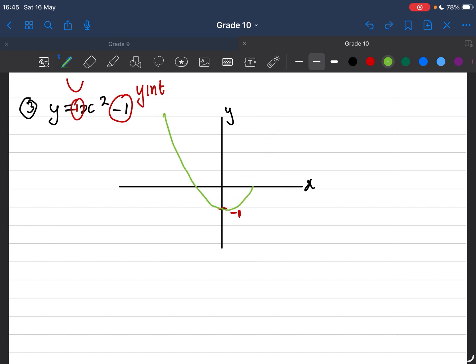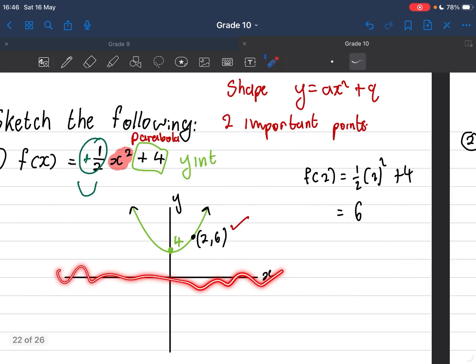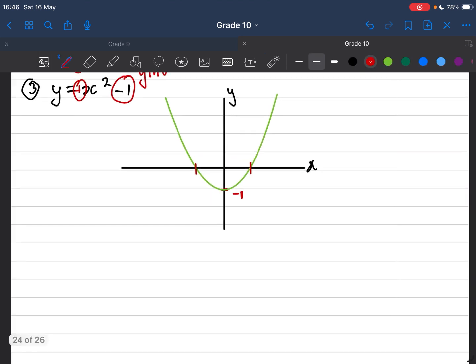What you're going to notice about this function specifically, that wasn't present in our previous functions, is that this graph has x-intercepts. There are two x-intercepts. In the previous ones, the graph never touched the x-axis. But here it's touching. So we can't give a random point the way we did before. We need to give these 2 points, the important points. So how do you do that?